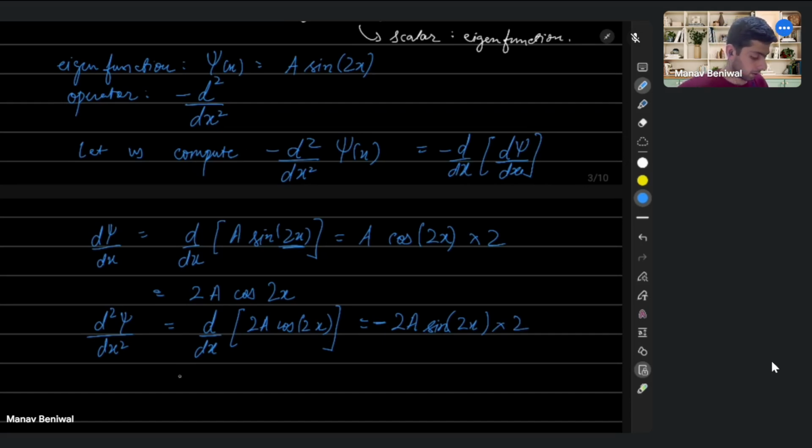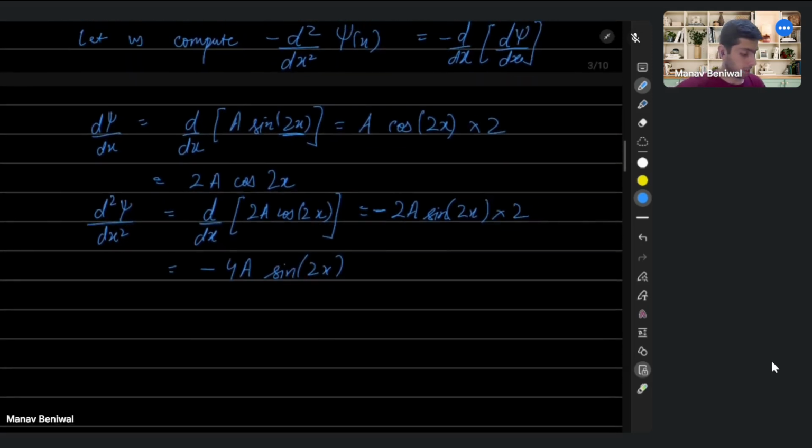So this simply becomes minus 4a sine 2x. Therefore we can say that minus d2 psi over dx squared is nothing but 4a sine 2x.